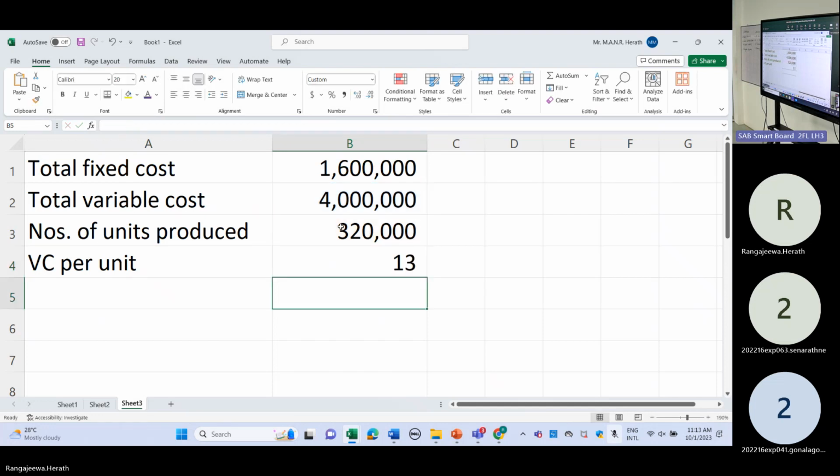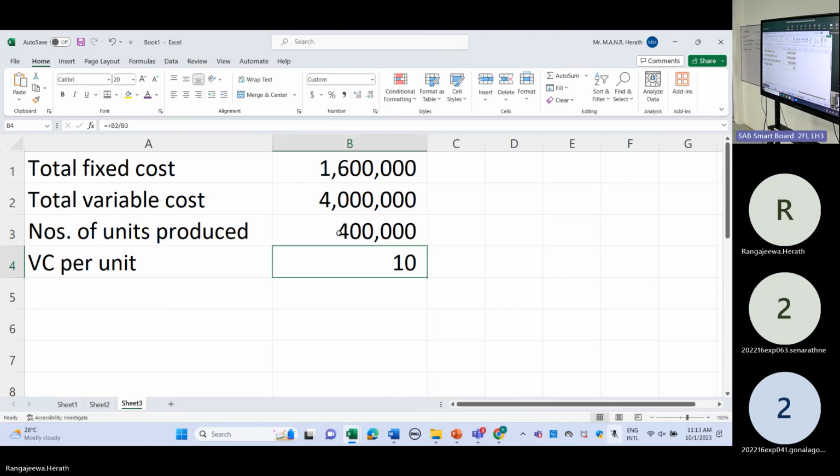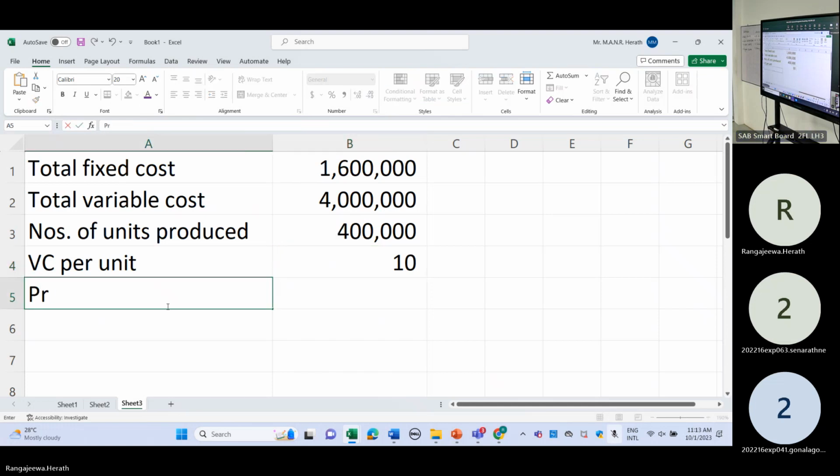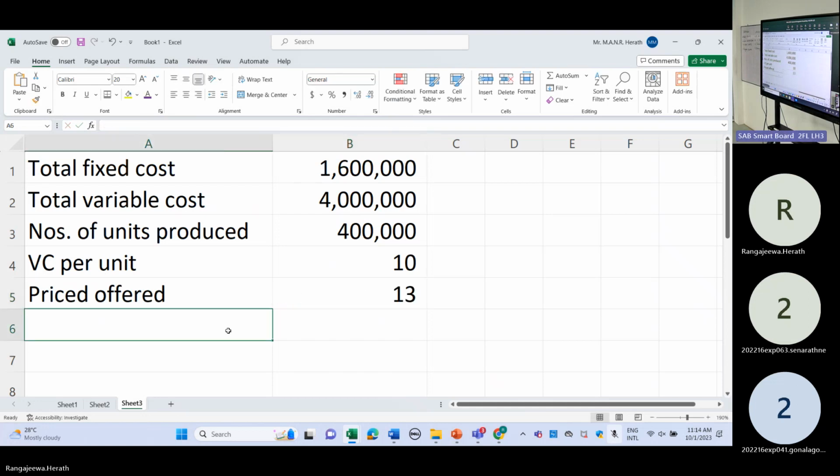The current output is 400. Okay. 400, right? The 80% is 400, right? That means variable cost per unit is 10. Now offer price offered 30. That means there's a contribution from special offer.